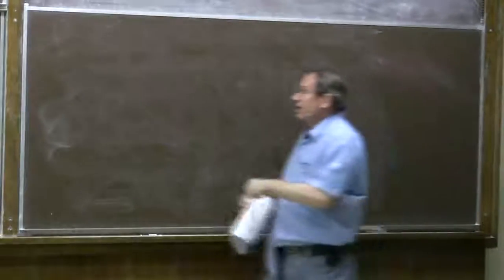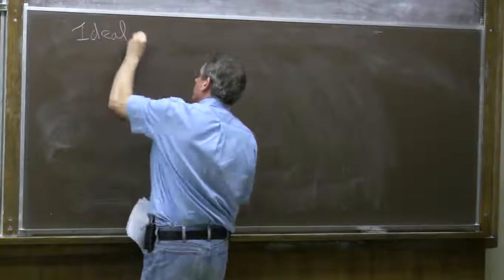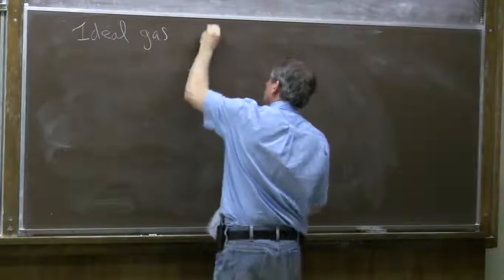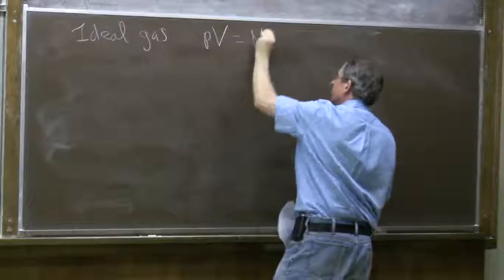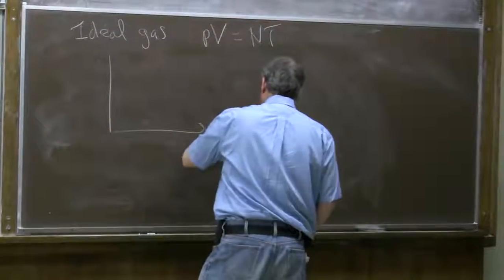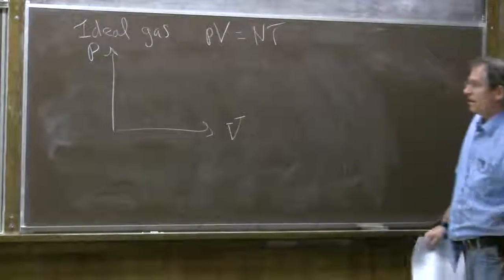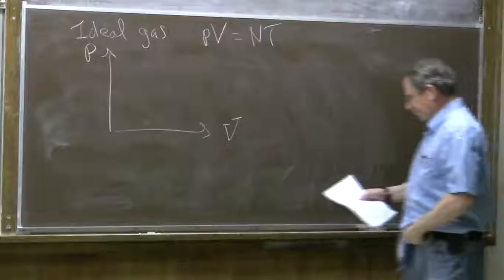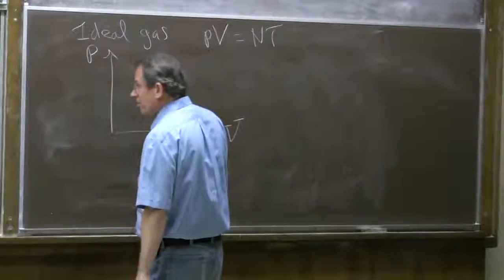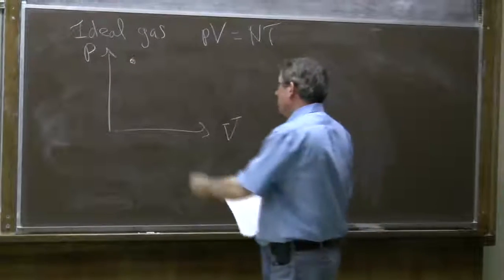So now it's going to be an ideal gas with PV equals n tau. And I'll draw it in the pressure volume plane instead of the entropy temperature plane. So the first stroke, we start up out here, is isothermal expansion.